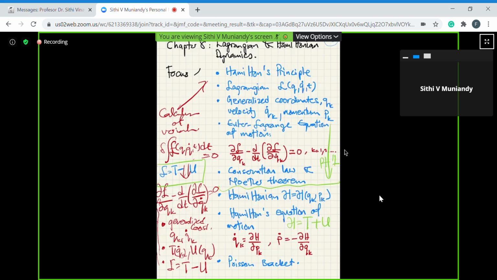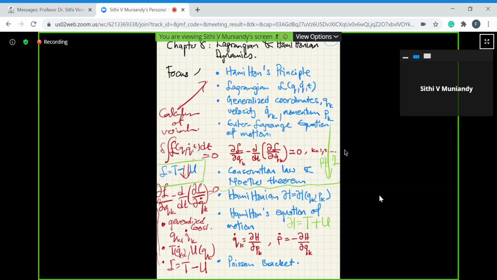This is the total energy that you have seen, and you have used the Hamiltonian in your quantum mechanics. You realize the Hamiltonian essentially is an operator in quantum mechanics, and the eigenvalues of the Hamiltonian operator are the energy values of the system.